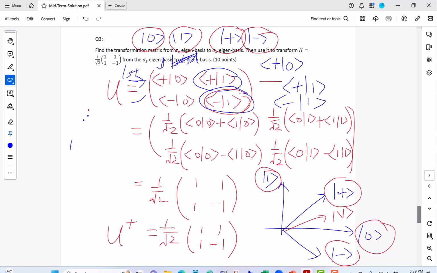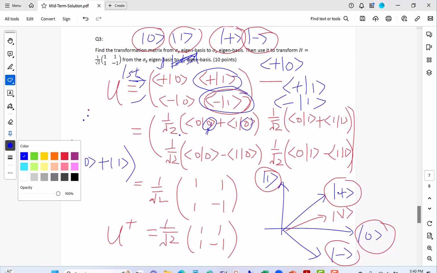We know plus is 1 over square root 2, 0 plus 1. The reason I want to do that is because I want to do some multiplication. So I plug in, but plus is a bra, so I need to make it into a bra. So you have 0, which comes from the old basis, multiplied from the right. That's why you have 0 inner product with 0 and 1 inner product with 0.